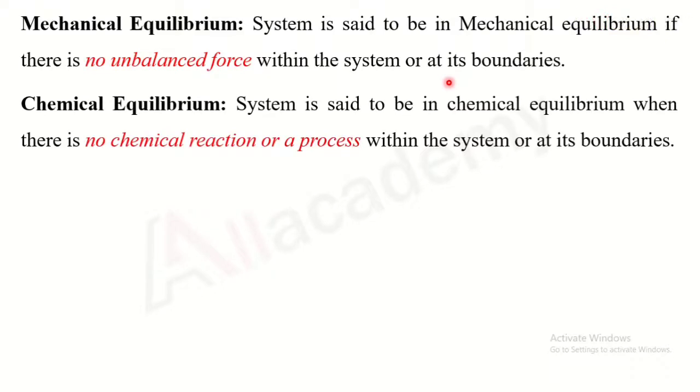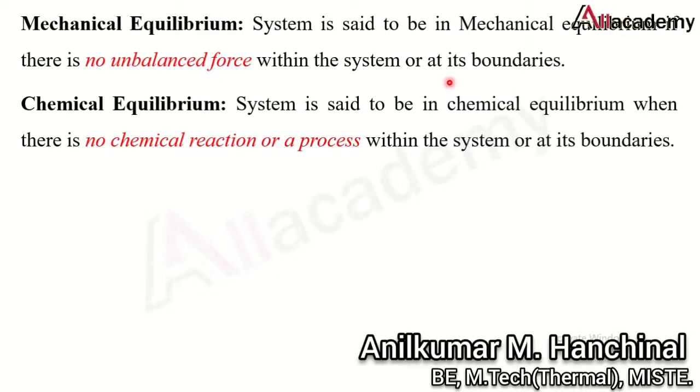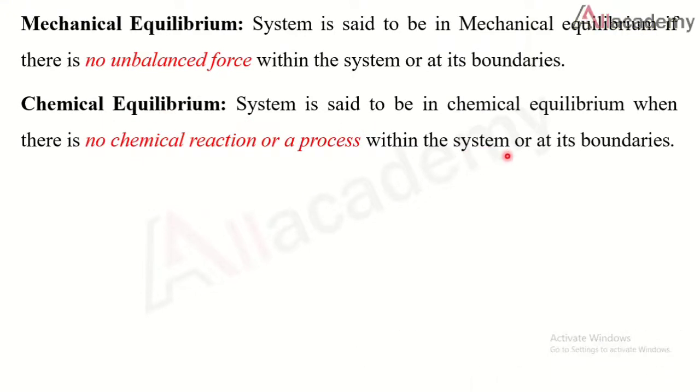Now if I want to say that any system is in a chemical equilibrium, then there must be no chemical reaction or process within the system or at its boundaries. It means that within that system or from system to surrounding, there must be no chemical reactions taking place in that system.